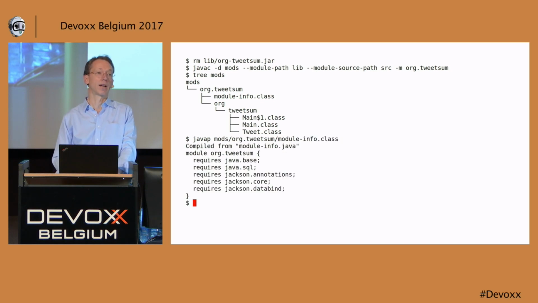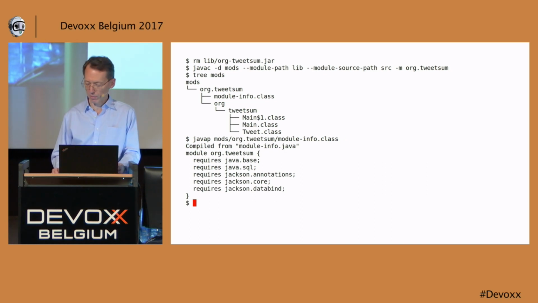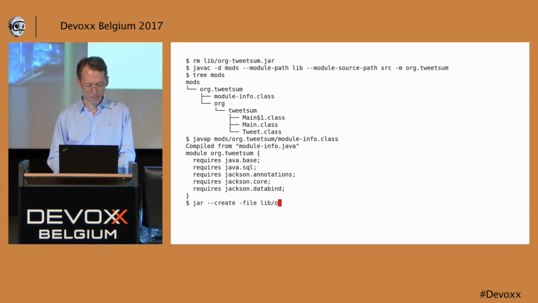I can run javap on it, like with any other class file, and it will essentially disassemble it and tell me what's inside. I can now create a jar file in the usual manner. I'll tell it what the main class is to save some typing later on.